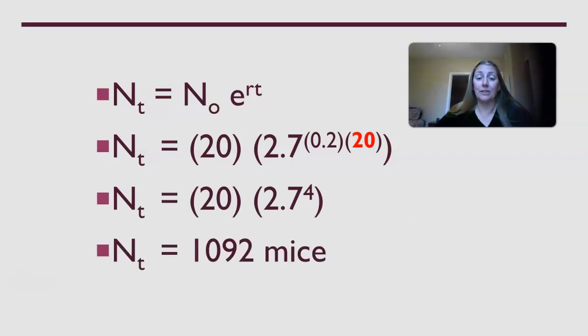Do your final calculation, and you'll have a total of a little over 1,000 mice. So again, this is one formula that you will definitely want to know, not only for exams in class with me, but also for your AP exam when you take it in May.